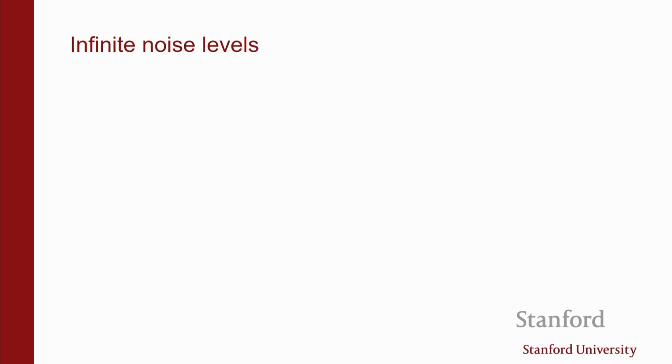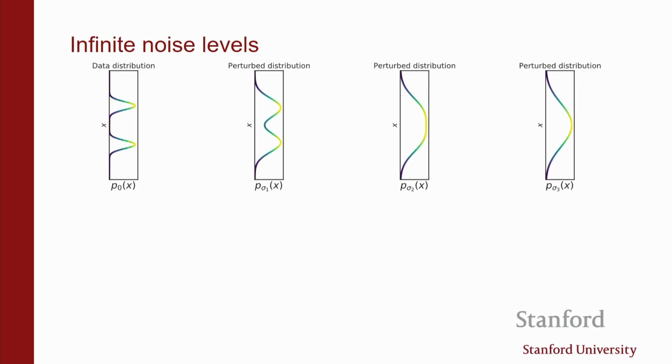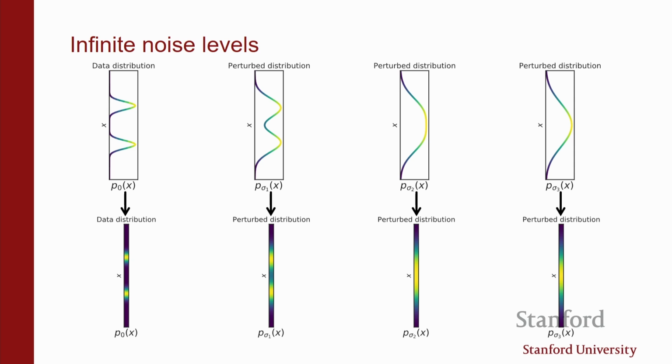What we can do now is start thinking about what happens. We have this diffusion model perspective, hierarchical VAE kind of perspective, where we have clean data, and then we have 1,000, let's say, different versions of the data distribution perturbed with increasingly large amounts of noise. Really, a diffusion process is a continuous time process.